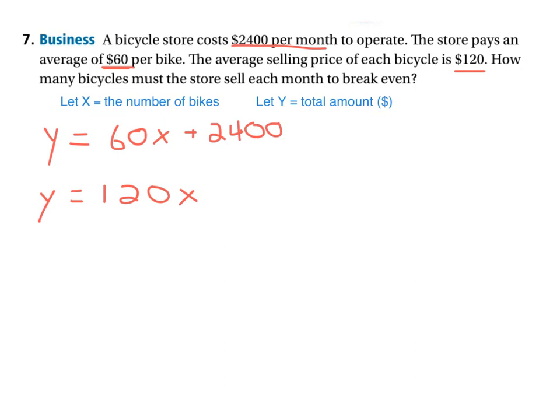Whenever it's a per-bike situation, for every particular item that's sold or used, that will be a coefficient on a variable, and the variable represents the total number, and then this is what you do for each. Here you bring in 120 for each, here you pay out 60 for each.